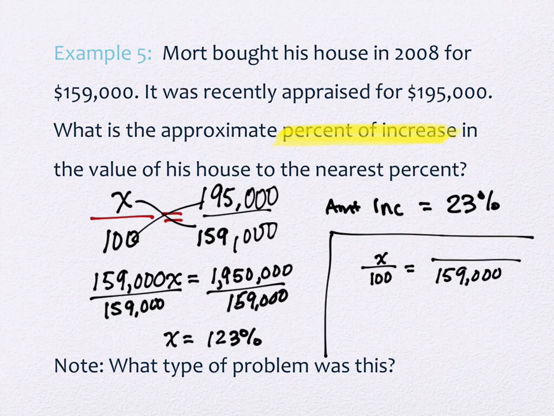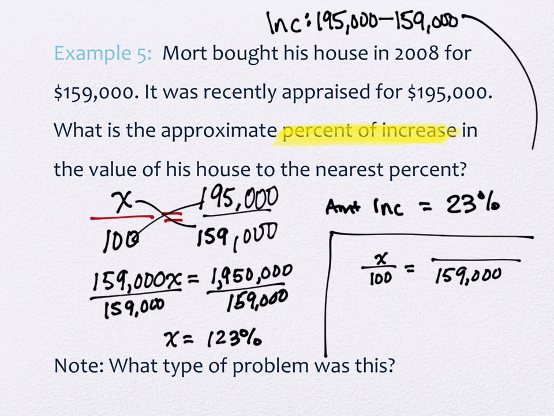How could you find it? Yeah, you could subtract. We could find the house increase, how much it increased in price by taking 195,000 and subtracting 159,000. This right here could go right here on top. And that number is 36,000.